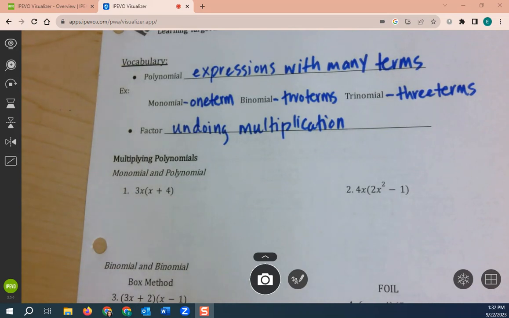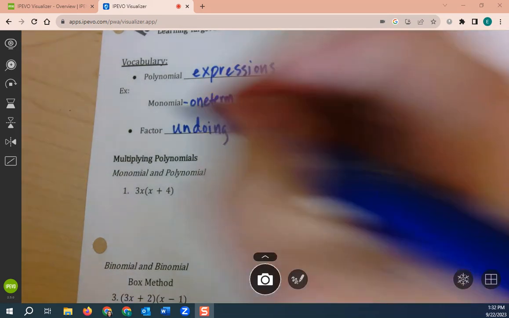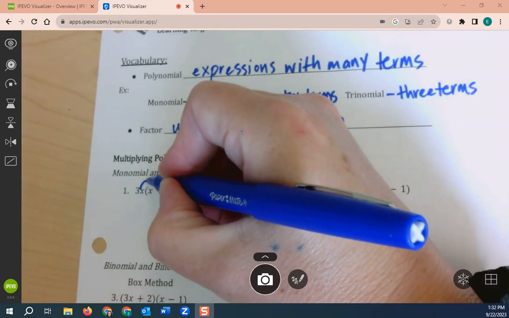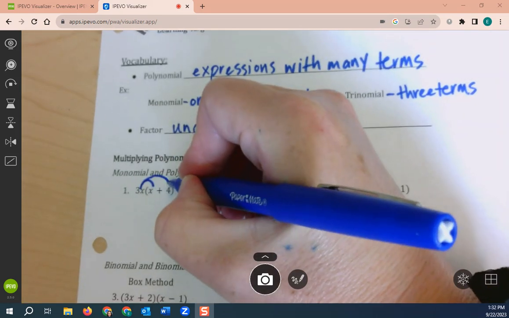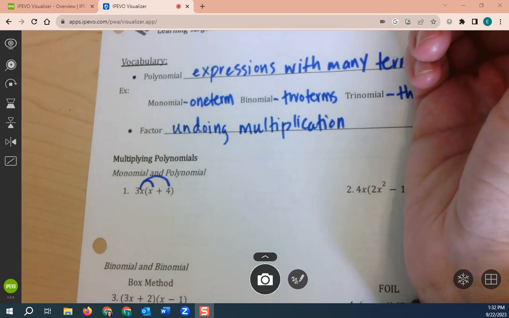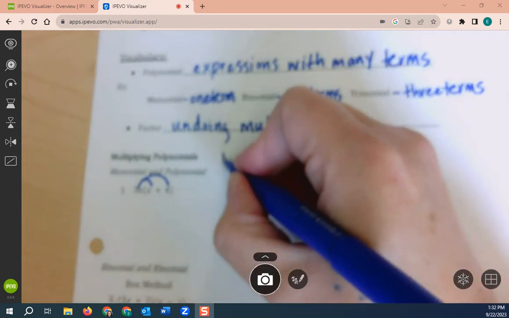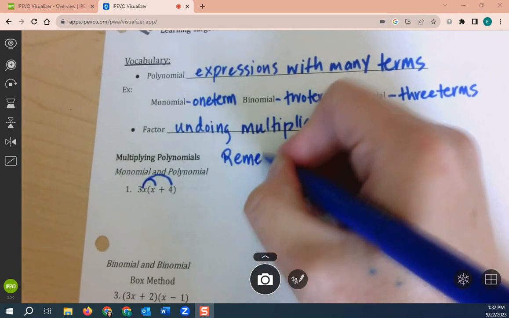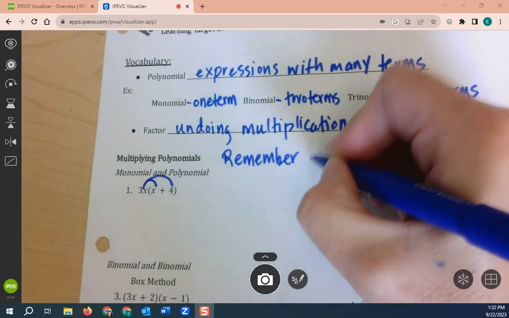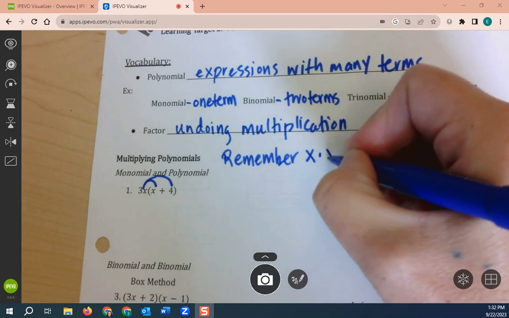So first we're going to just practice distributing. When we distribute, you have to multiply the outside to both parts of the inside. When you multiply an x times an x, remember that when you multiply, you are adding exponents.